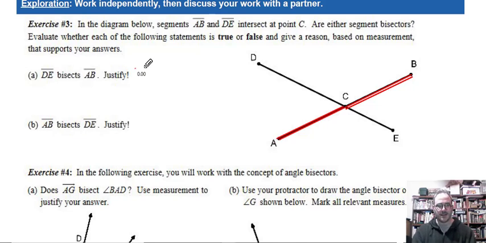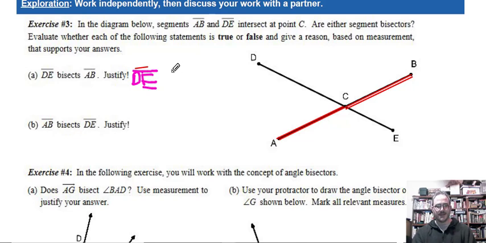I'm going to say line DE. Sorry, this is awful, isn't it? I'm going to have trouble writing this because I'm not going to be able to write that tiny with these tools.